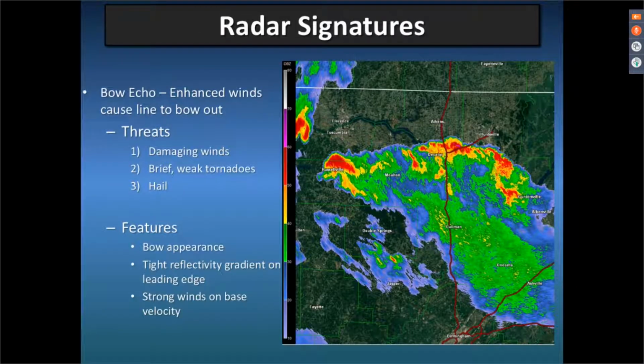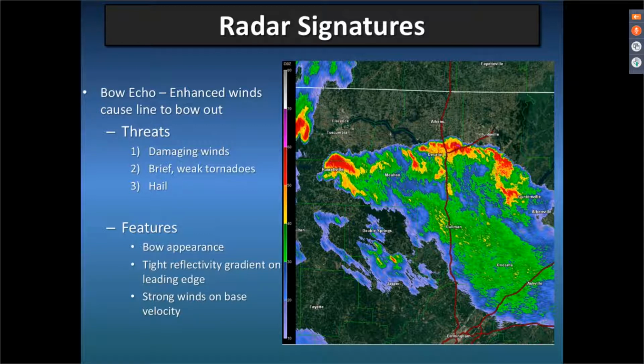Let me skip ahead here. Another radar signature that we look at is what's called the bow echo, and this is basically a line of storms, and the line may start to bulge out in some areas, and that's where enhanced or possibly damaging winds are causing that bulge to form in that line of storms.